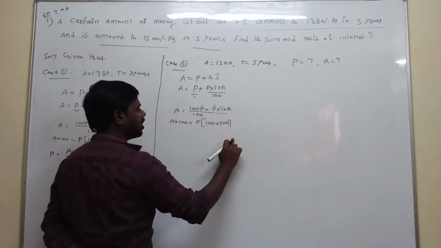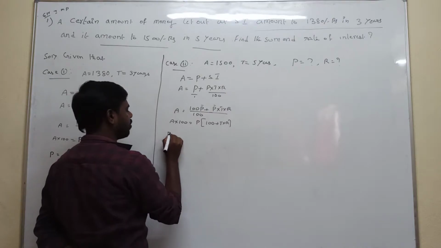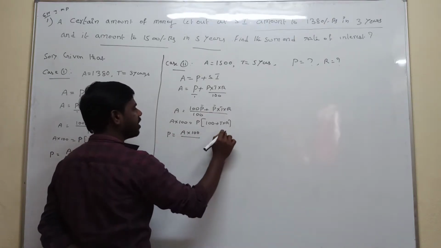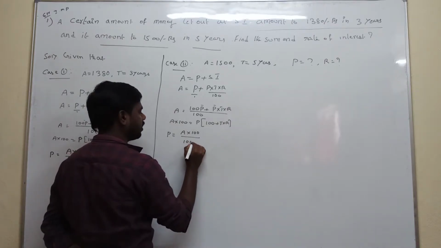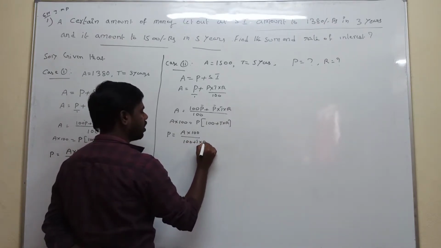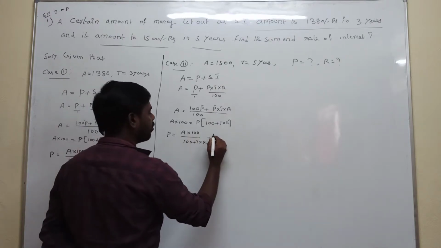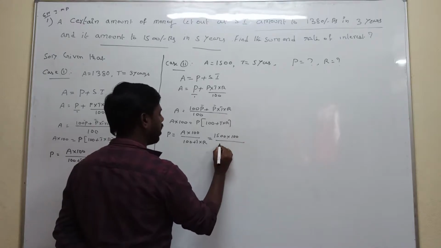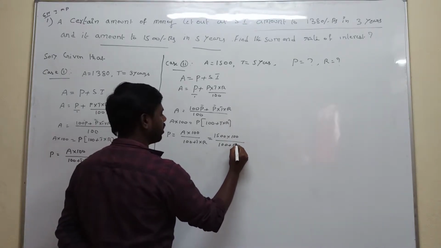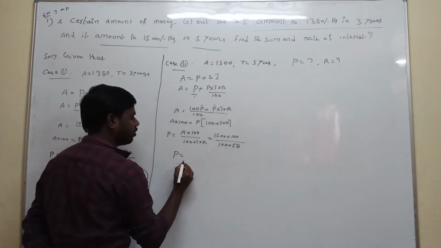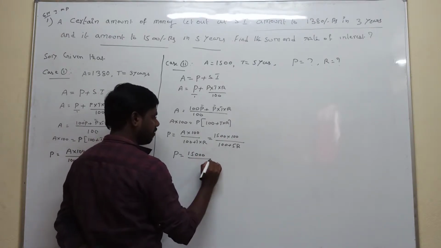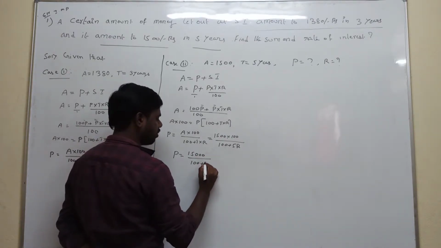After that, this value goes to the left hand side denominator, so capital P is equal to A into 100 divided by 100 plus TR. Now we substitute the values: capital A is 1500 into 100 divided by 100 plus T, which is 5 years, into R is 5R. So now capital P is equal to 1500 into 100, which is 150,000, divided by 100 plus 5R.